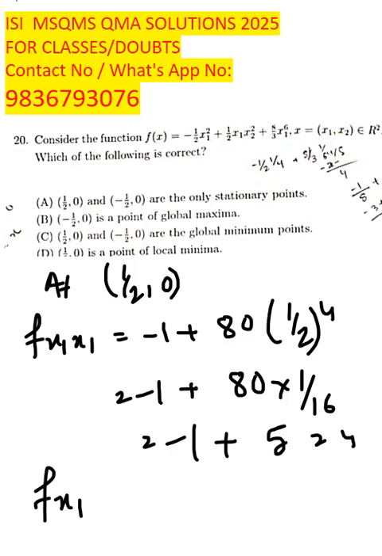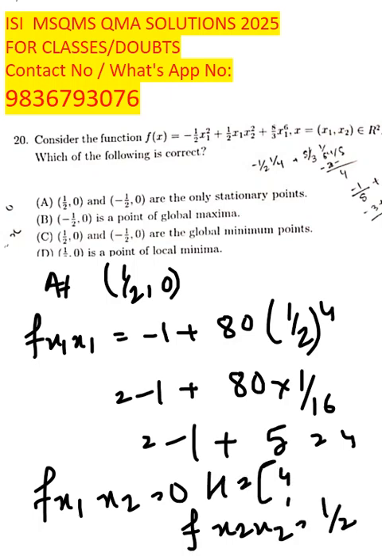Then f x1 x2 is 0, and f x2 x2 is 1/2. So Hessian matrix H is [4 0; 0 1/2]. So both eigenvalues are positive, a local minimum at this point.